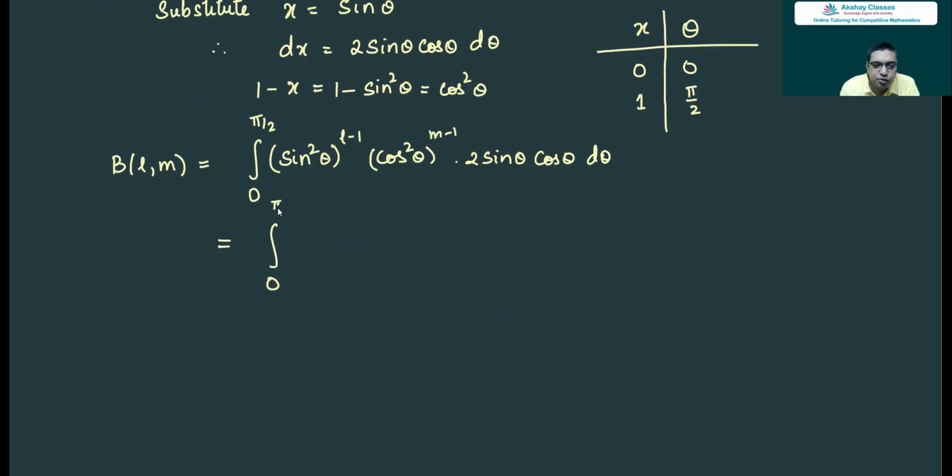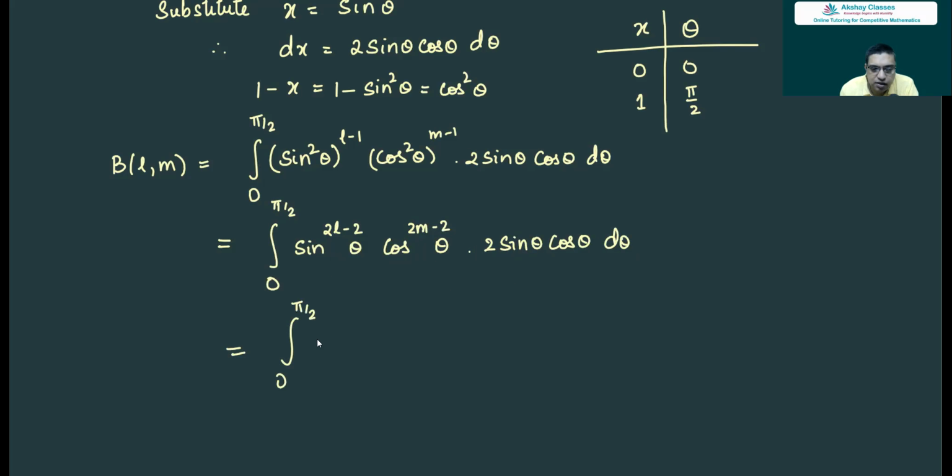Integral 0 to pi by 2 of sine theta raised to the power 2L minus 2, cos theta raised to the power 2M minus 2, times 2 sine theta cos theta. Now you take the product, and we will get twice of sine to the power 2L minus 1 theta, cos to the power 2M minus 1 theta.